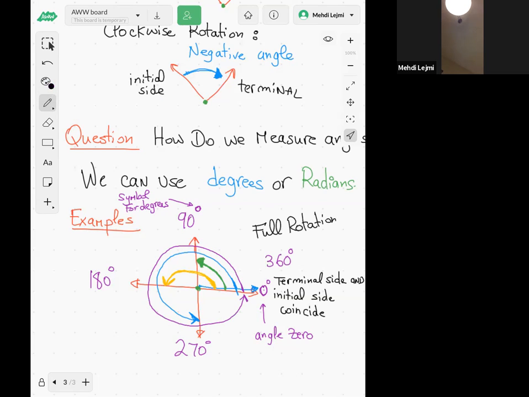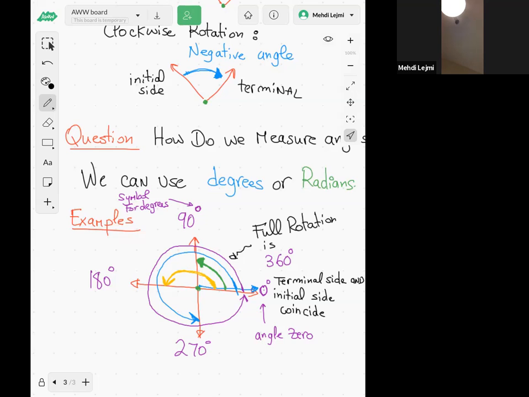So right angle is 90 degrees, from one side to its opposite is 180, then there's 270, and one full rotation is 360 degrees. These are very special angles.